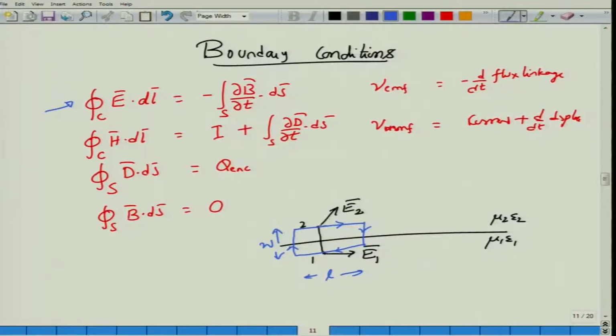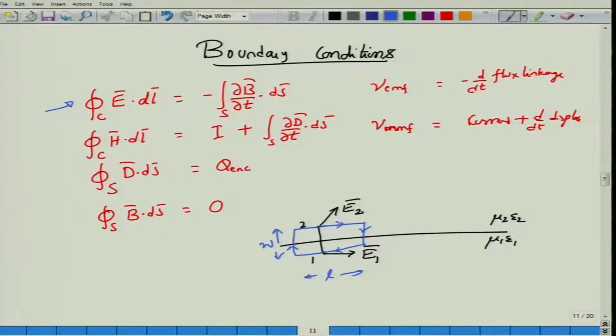In order to apply Faraday's law, let us see that if I go from left to right and call that the positive direction, then I need to find the corresponding tangential component of E2 that is obtained by projecting E2 onto the path which goes from left to right.